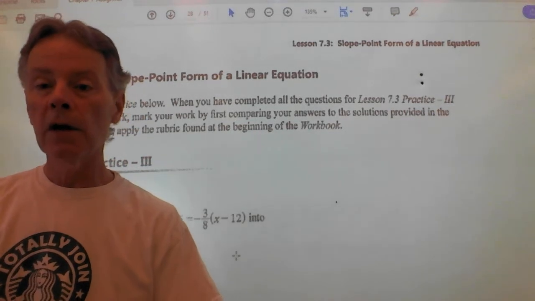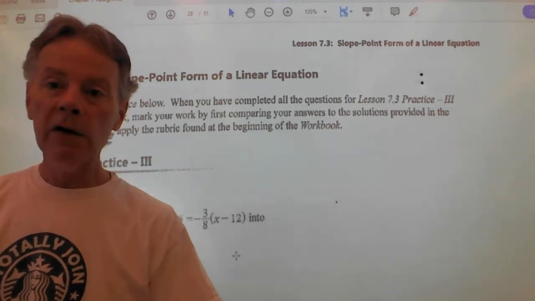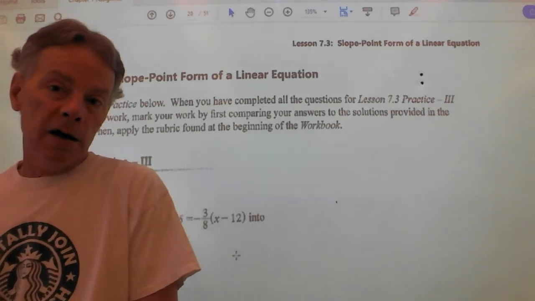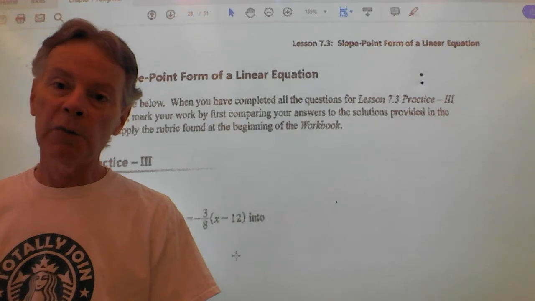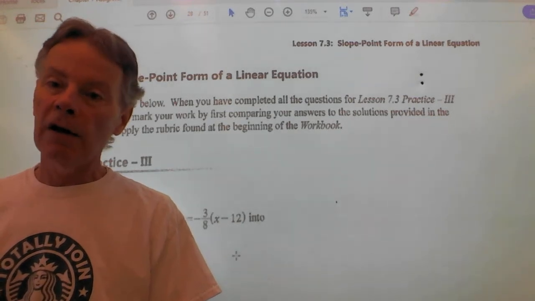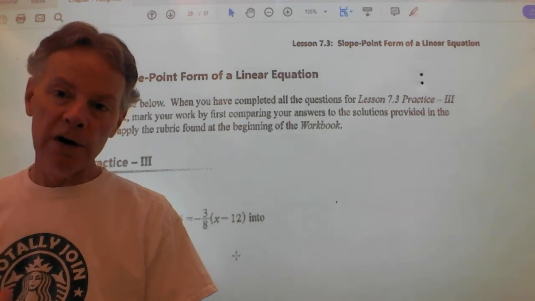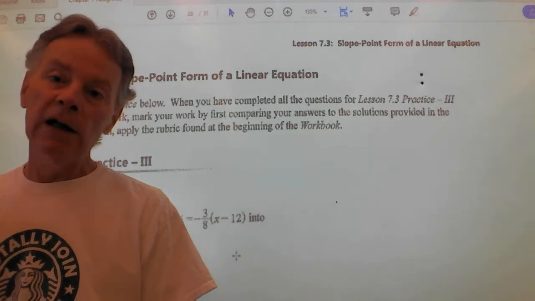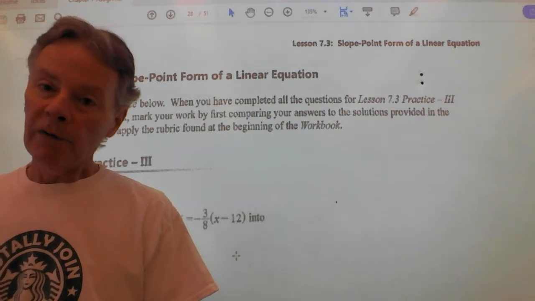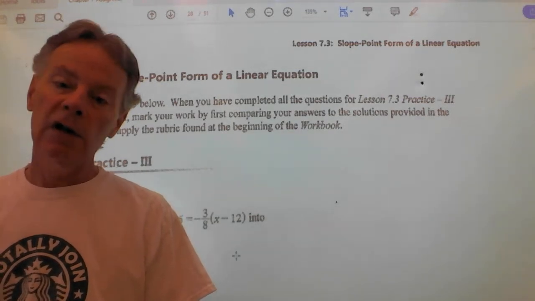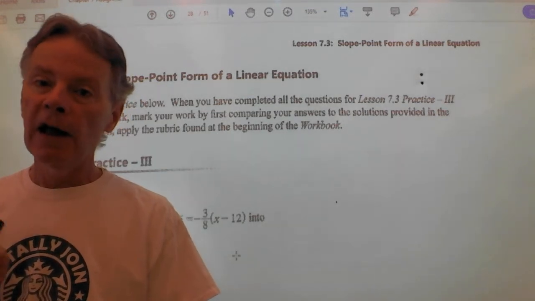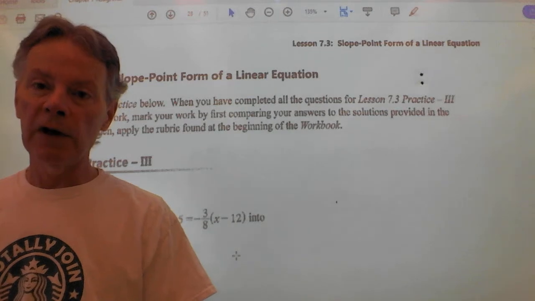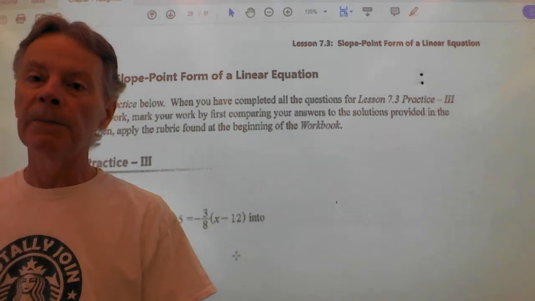Good morning. So today's lesson is just about going through the practice questions from your assignment booklet. Now recall I've done this for 7.1, which was the slope y-intercept form of an equation, 7.2 was the general form of an equation, and today's lesson 7.3 is on the slope point form.